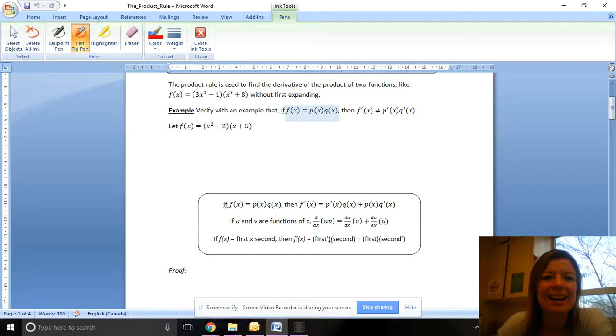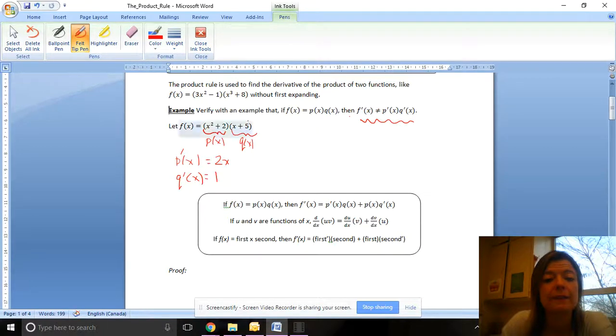Unfortunately, that's not what it is. It's not quite that simple. So we are going to show through this example that the derivative is not just the derivative of one times the derivative of the other. If we call this part p of x, and we call this part q of x, then p prime of x, its derivative, is just 2x plus 0, so just 2x, and then q prime of x is just 1, plus 0.